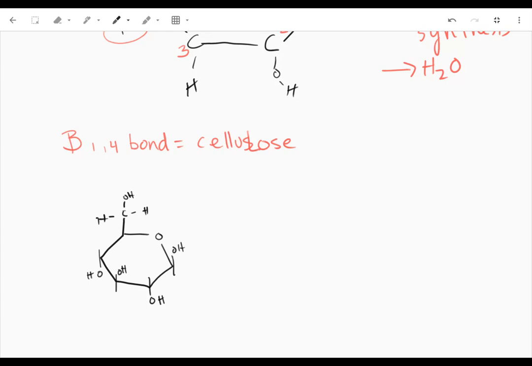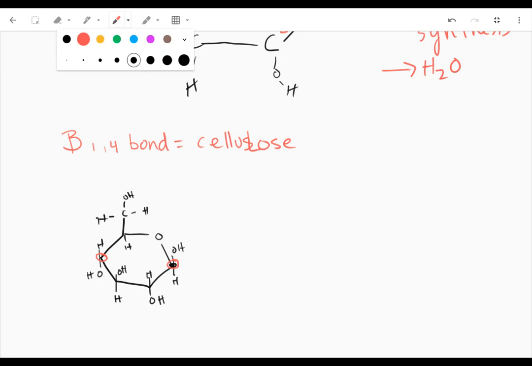And then I'm drawing in all my hydrogens. And remember, at these points here are our carbons, so I just haven't written that out. All right, so we're going to bond a carbon 1 with a carbon 4.